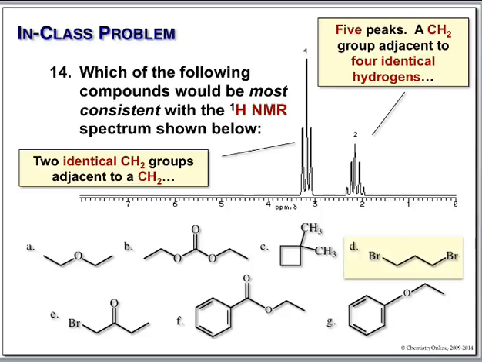This guy, same as this guy, is next to a CH2, therefore they are both split into the same triplet. Any questions?